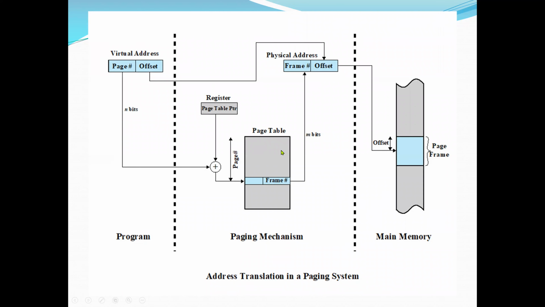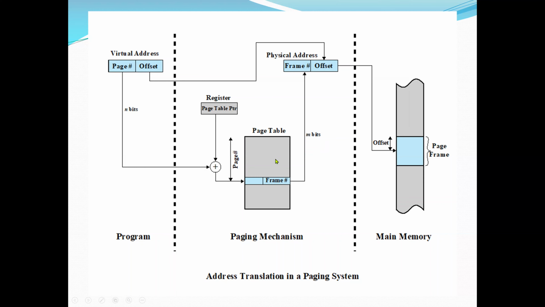So the basic mechanism for reading a word from memory involves translation of a virtual or logical address, consisting of a page number and offset, into a physical address consisting of a frame number and offset, using the page table.